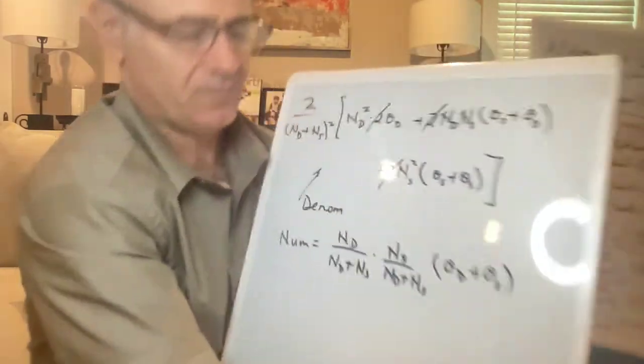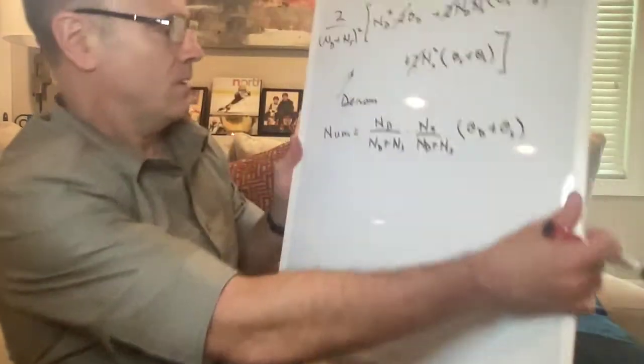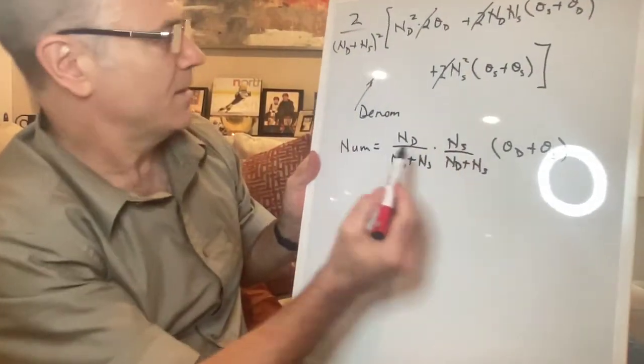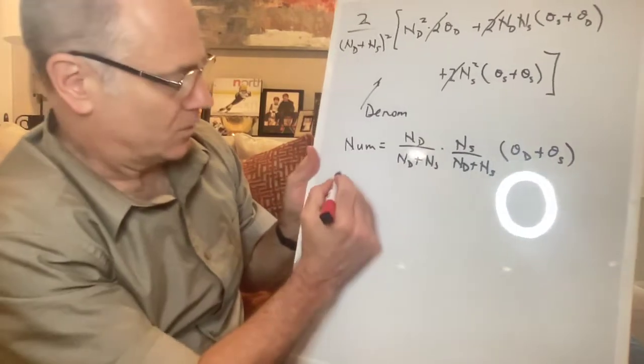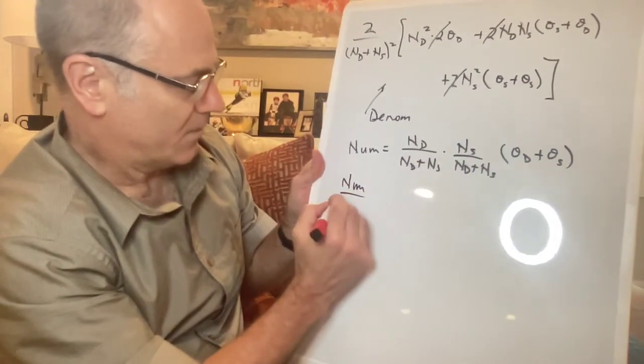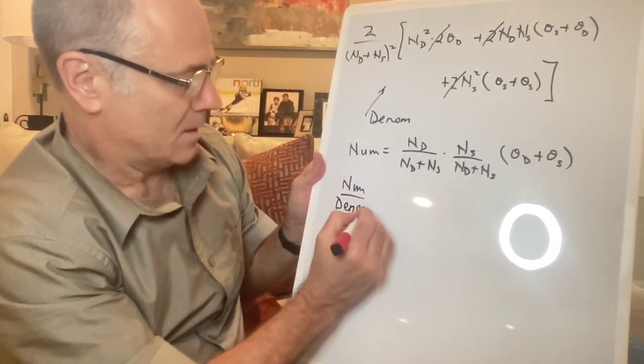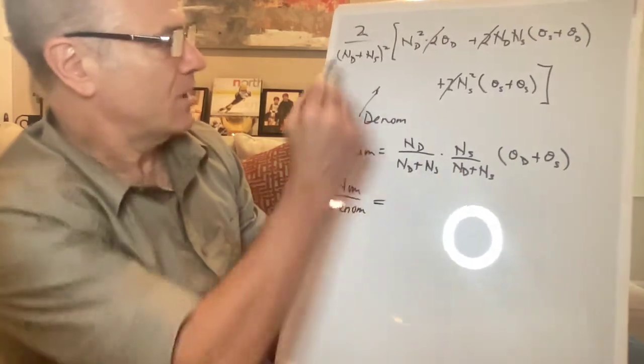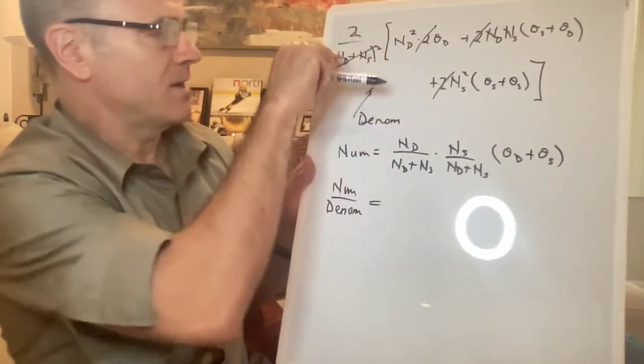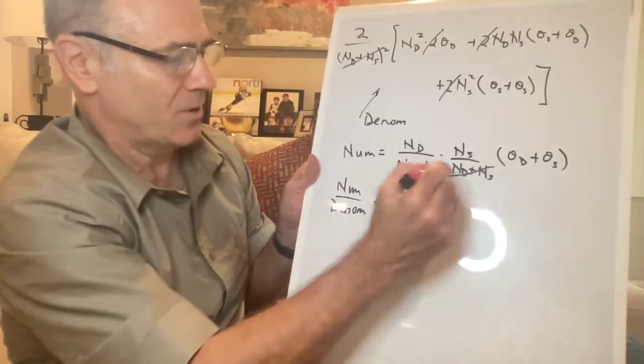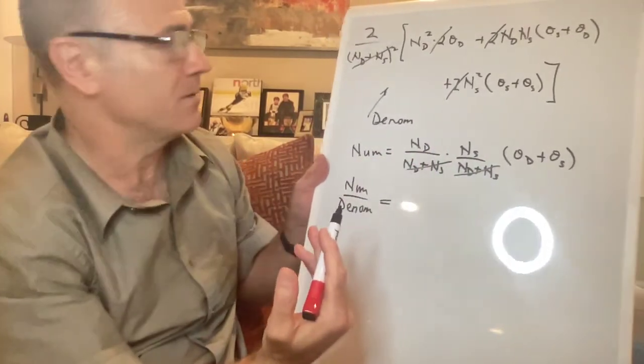Okay, now we've got the numerator, we've got the denominator. Notice, so numerator divided by denominator is going to equal, first off, we're going to have this term in the denominator and this term in the numerator. They're going to cancel out.